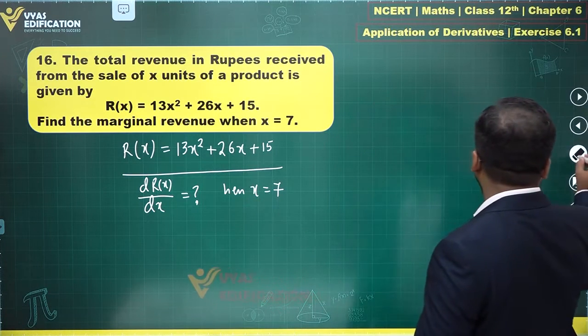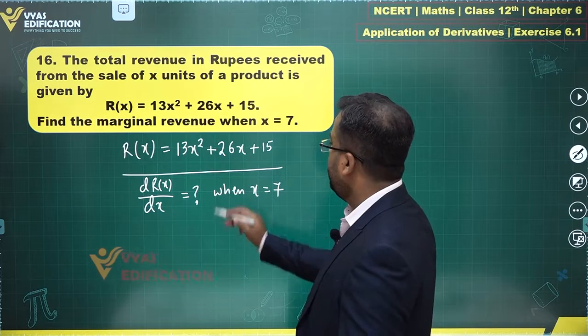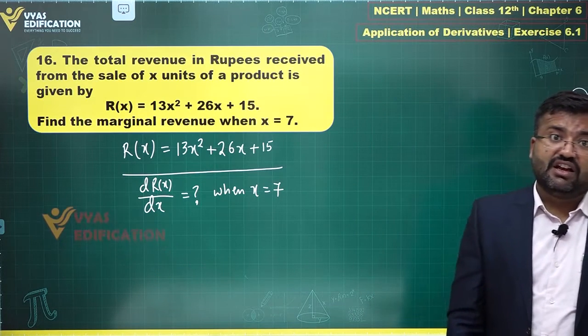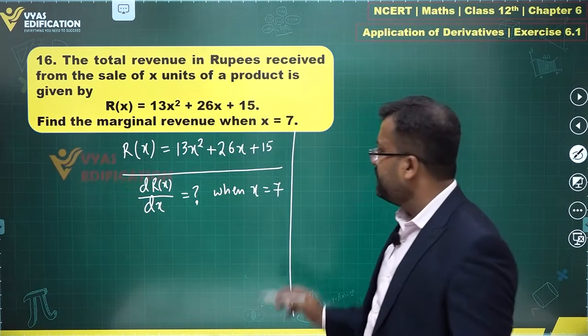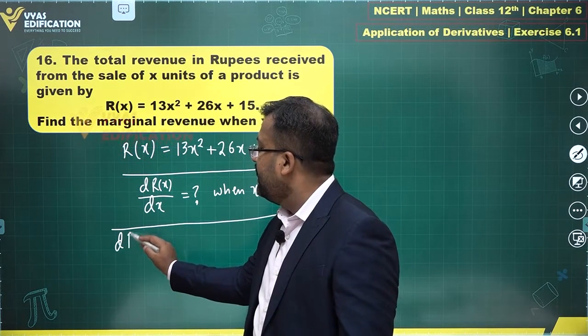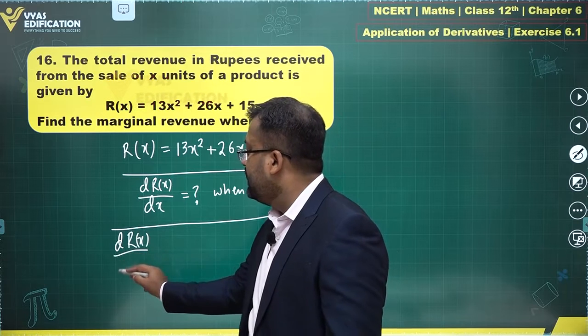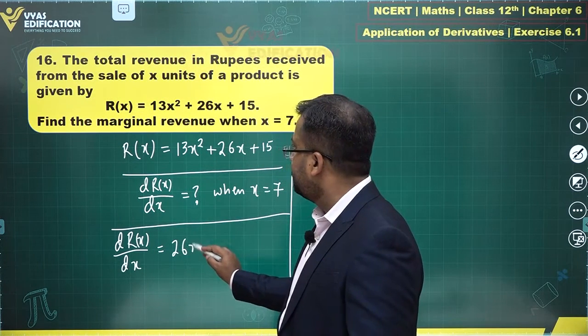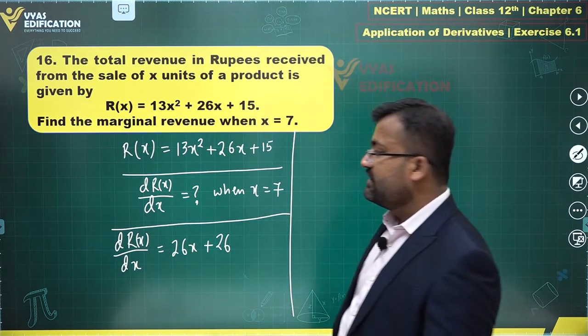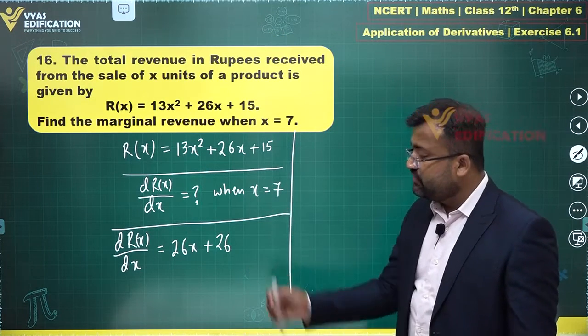And how do we find that? We simply differentiate this R with respect to x. So dR(x) with respect to x will be equal to 26x plus 26, is what I get.